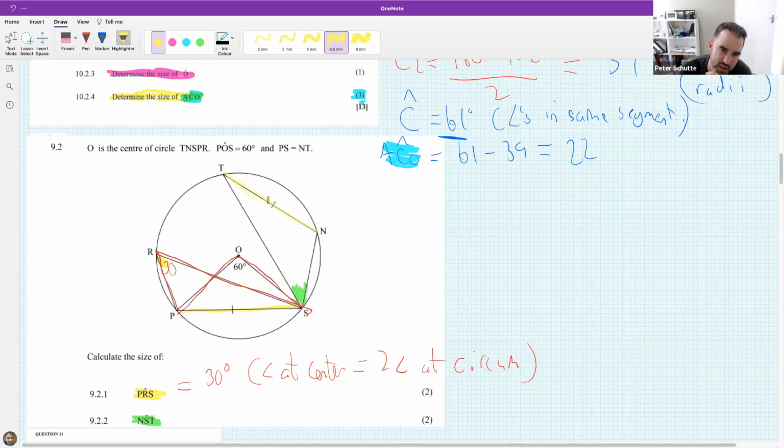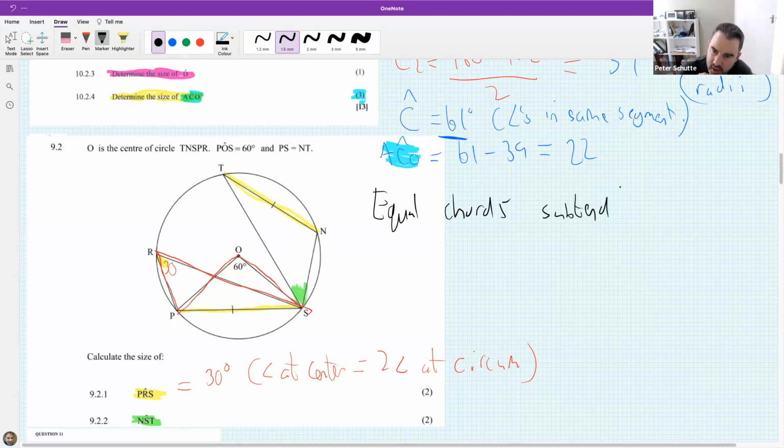What help is that? You could have radii, but that would be more of this. These are equal chords. And what do you have when you have equal chords? So there's two theorems, but equal chords will subtend equal angles in two places, at the center and also at the circumference.